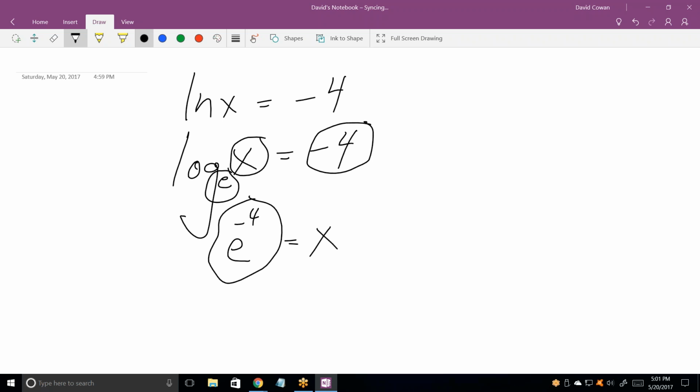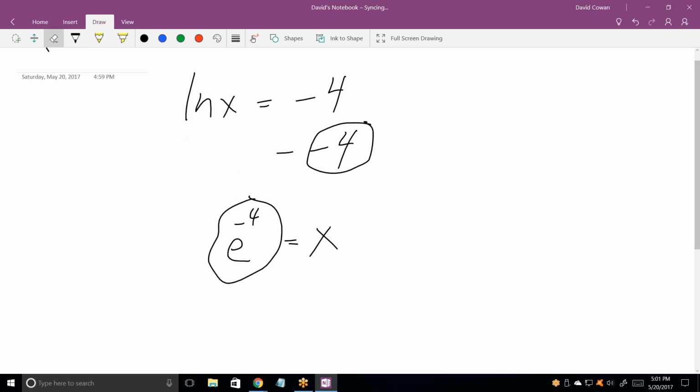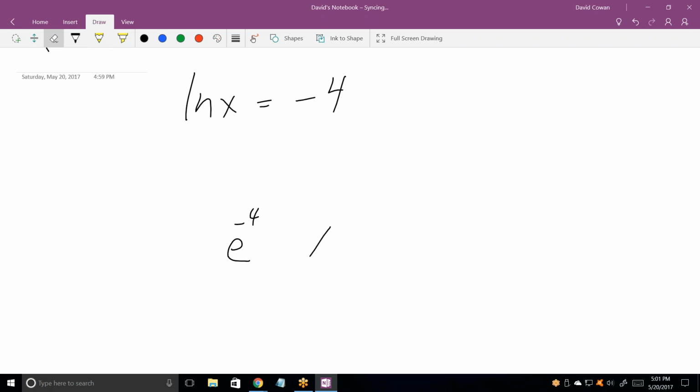Now, the method that I believe you talked about is probably this method. It's actually more complicated, though. I mean, it's really helpful if you know how to convert a logarithmic expression to an exponential. But you could always accomplish the same thing by making the left side of that equation the exponent to e, and making the right side of that equation the exponent to e.